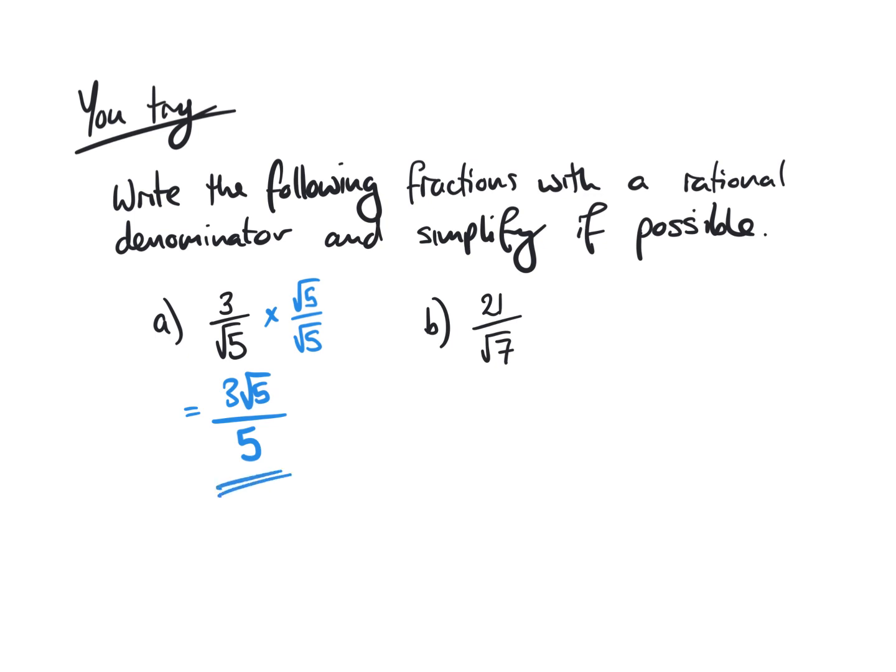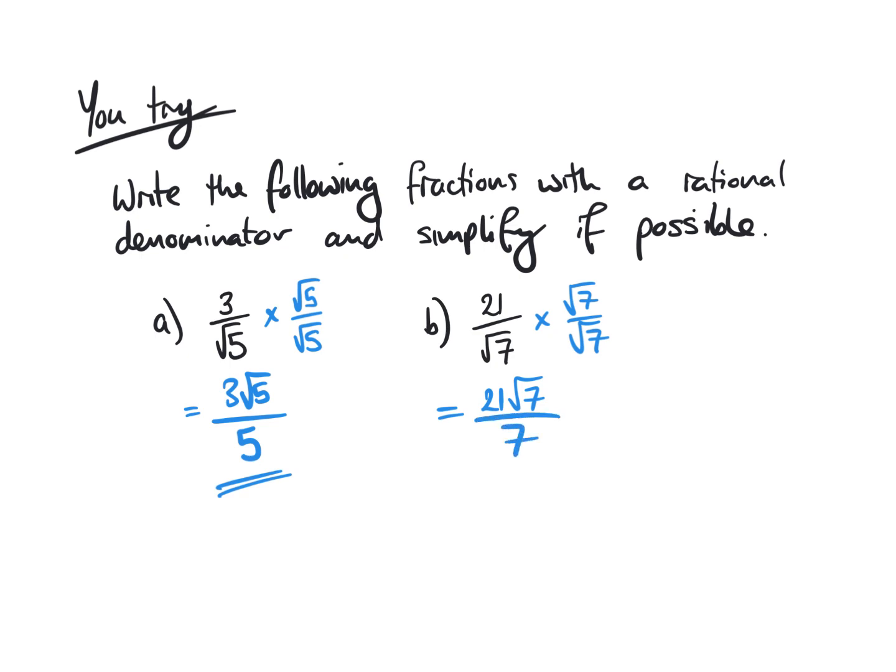The next one here, 21 over root 7, again, I want to get rid of this square root above the 7, so I'm going to take that root 7 and I'm going to create a fraction to multiply by, which is just root 7 over root 7. So I'm multiplying by 1, remember here, not changing the value, just the appearance. So 21 times root 7 is 21 root 7, and then remember root 7 times root 7 is just 7, so that's all over 7.